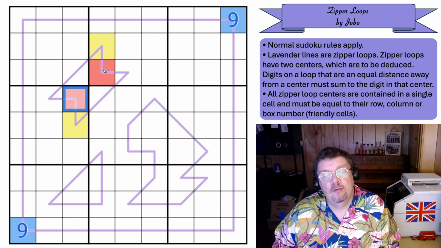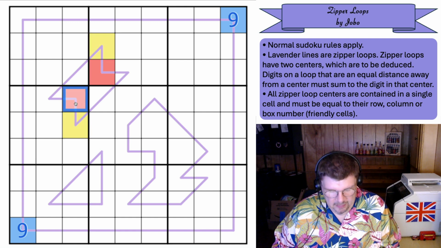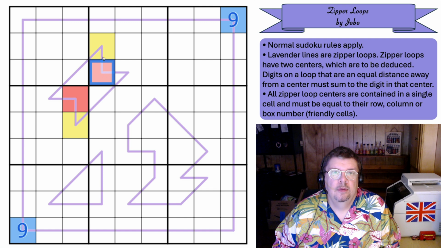So it'd have to be a 3 or a 4, but if it were a 3, that would be 1 and 2. Could that work? If that's 3, that would be 1 and 2, that would be 1 and 2, and that would be 1 and 2. I think that could work. Or with 4, we'd get 1 and 3, 2 and 2, 1 and 3.